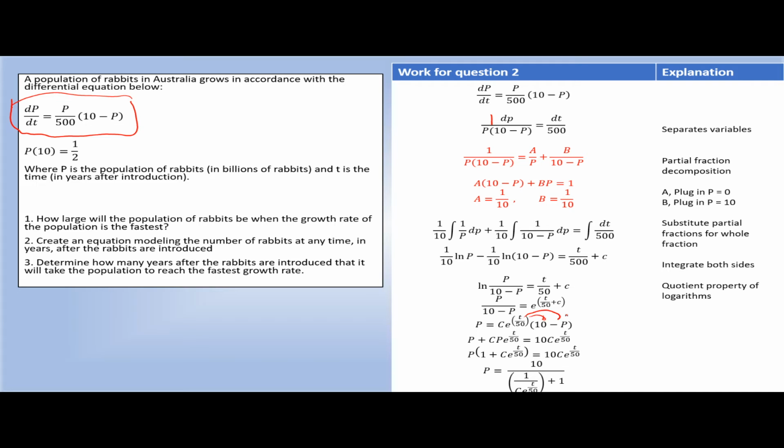That gives me 10 c e to the t over 50 minus p c e to the t over 50. I'm going to add that to the other side so that I can factor out my p's. If I factor out my p's from both of those terms, then I'll end up with p times 1 plus c e to the t over 50, and I can divide by everything that's not p in order to solve for p. Any questions on how we got here?